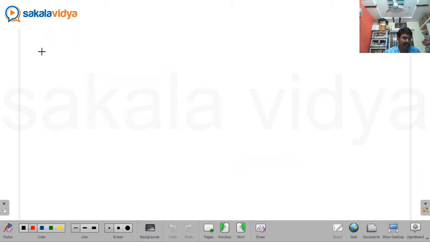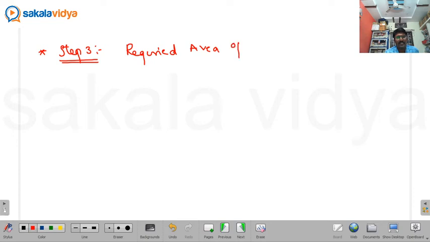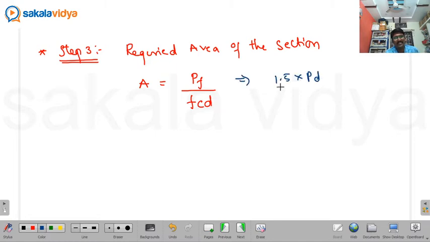Step 3 is very, very important: the required area of the section. Area A is equal to the factored load divided by the assumed design compressive stress. That is, 1.5 into PD, where PD is the compressive strength given in the question, divided by FCD, the value we have assumed between 100 and 135.